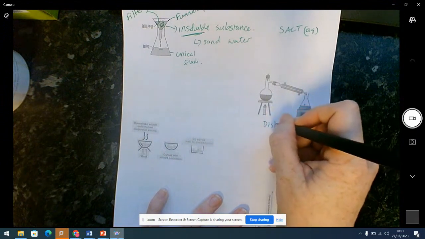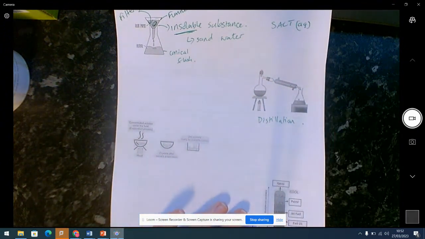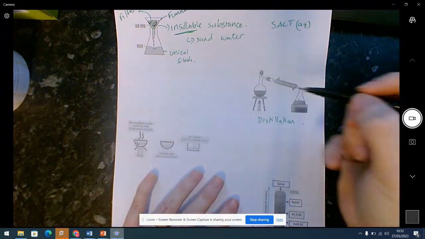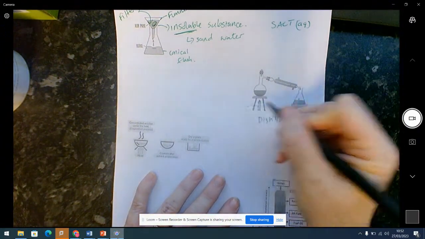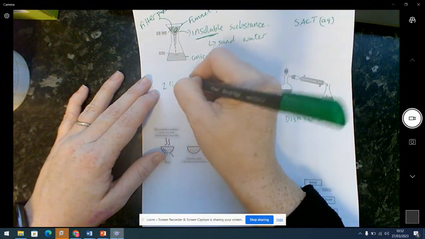So this is distillation, and you need to be able to describe what's happening in the distillation process. I've not yet seen a question where they've asked you to label equipment, but it is important you understand what's going on. It's usually used to separate 2 liquids.